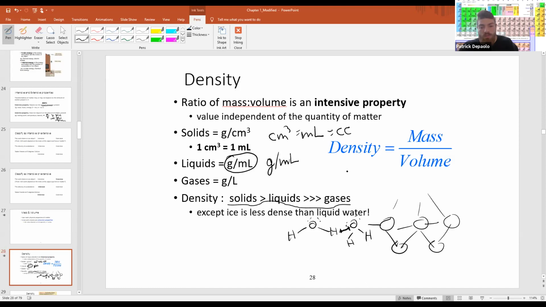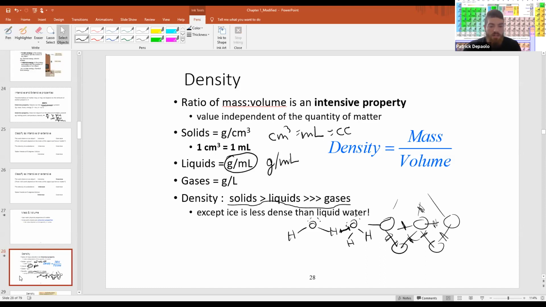If you increase to a liquid, what I'm saying is this will break, break, break, break. All these bonds will break, and then that allows the molecules to come in close contact with each other and actually be compressed in comparison to the ice. That's why water is very unique, and it doesn't work out like normal substances do.